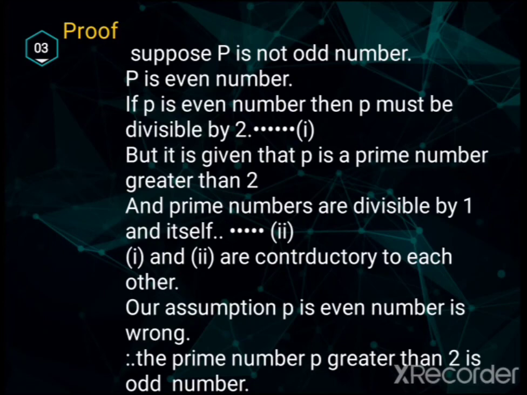So these statements 1 and 2 are contradictory to each other. Therefore our assumption that P is an even number is wrong. Therefore you can say the prime number P greater than 2 is an odd number.